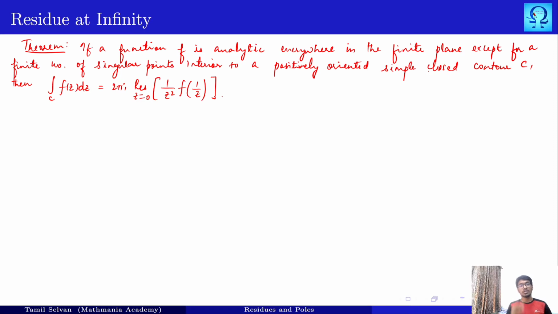So residue at z equals 0 is equivalent to saying that, when you change that 1 upon z as z, then your residue at z equals 0 is your residue at z equals infinity.